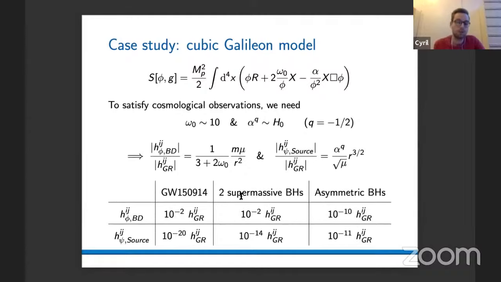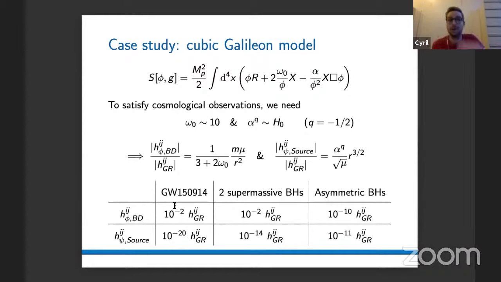Now, if we take two supermassive black holes, this effect would be amplified slightly, but still completely unobservable. And similarly for an asymmetric binary, if we take a stellar mass black hole with a supermassive black hole, we would improve it a bit, but it's still out of reach to ever hope to observe this effect.